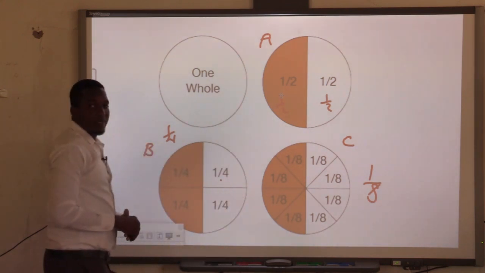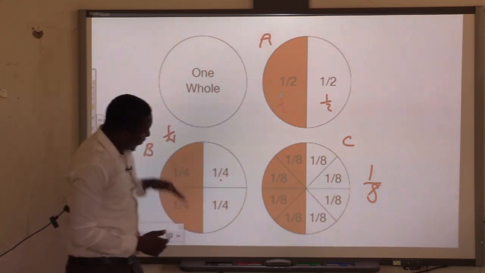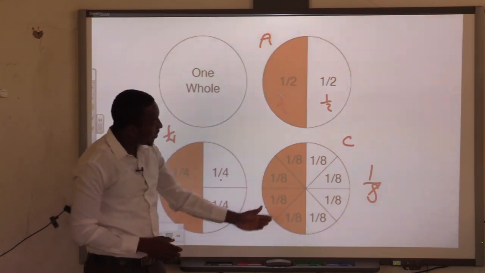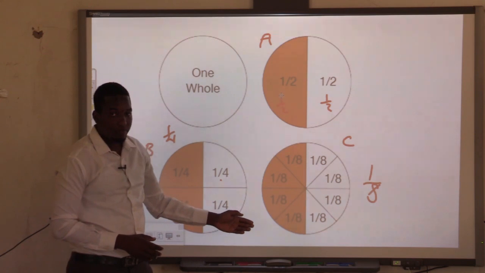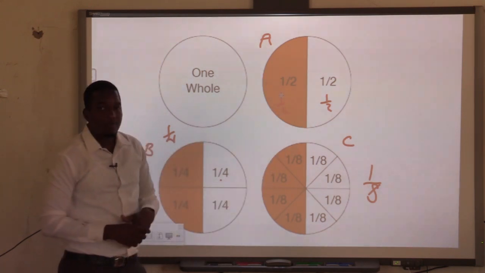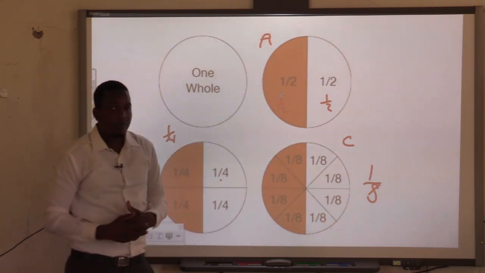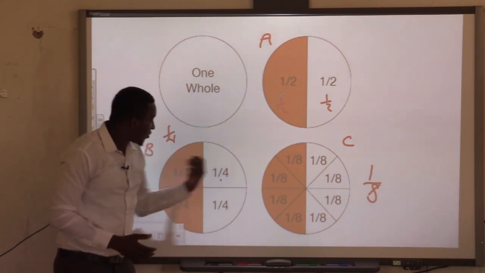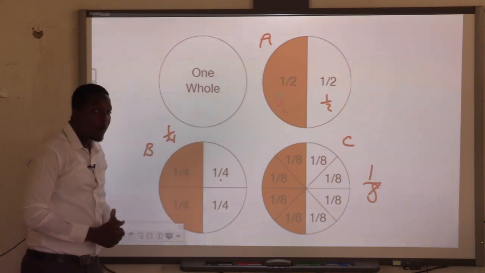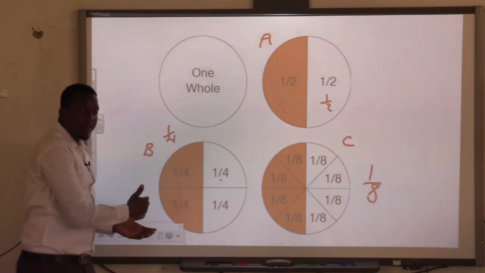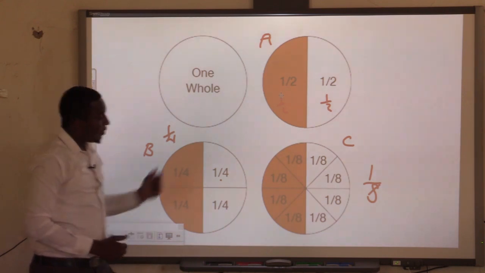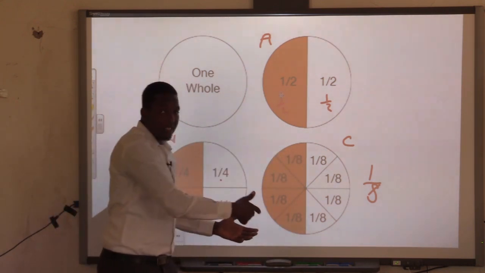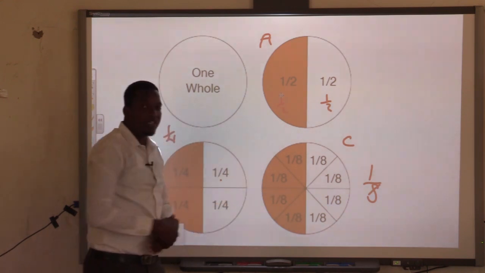The circle is divided into 2, and half of it is colored. If you look at the second circle, it's divided into 4, but half of it is colored. The third circle, that is circle C, is divided into 8, and half of it is colored.